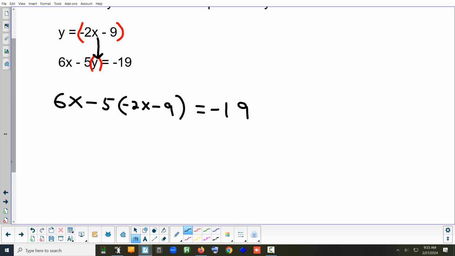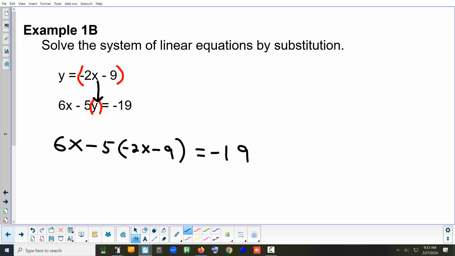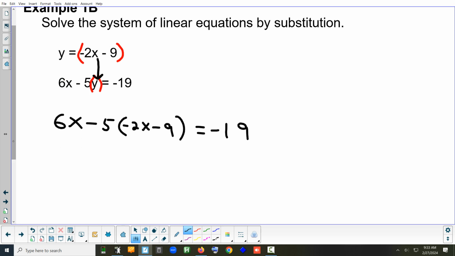Okay. So we'll go through this one, and then I'm going to give you guys one and let you try it. Solve this for x. Is there any distributive property? Yep. What are we distributing this time? Negative 5. Yes, you have to be careful. The sign to the left always goes with the number.